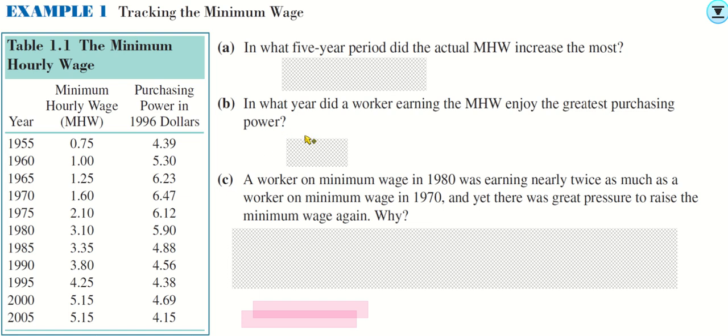Which one had the biggest increase? Well, if you analyze all the different increases, you would figure out that it was 1975 to 1980, because that was a whole $1 increase of the minimum hourly wage.